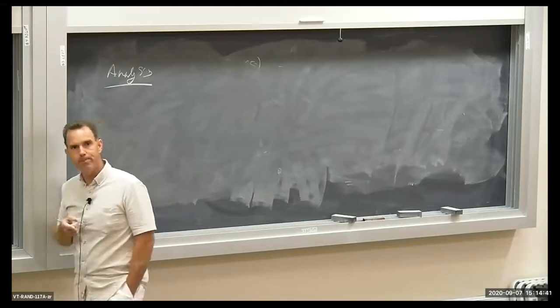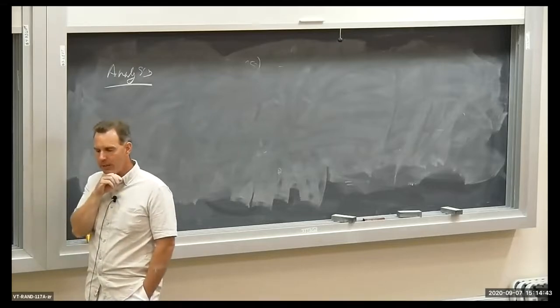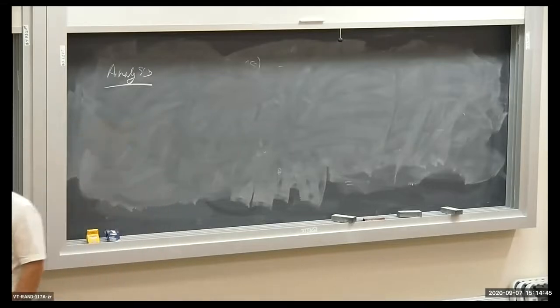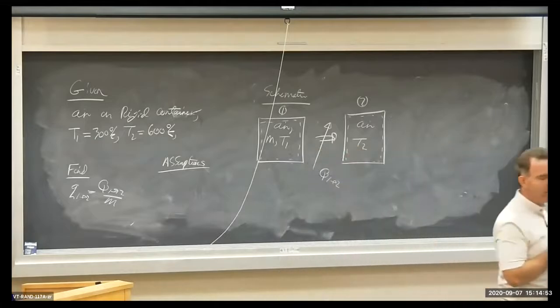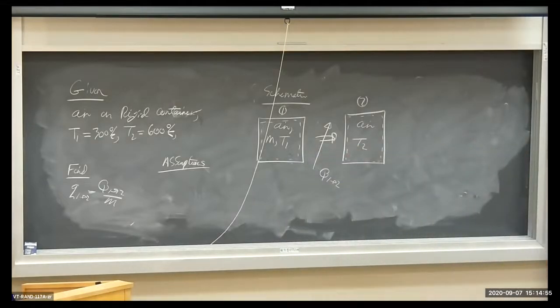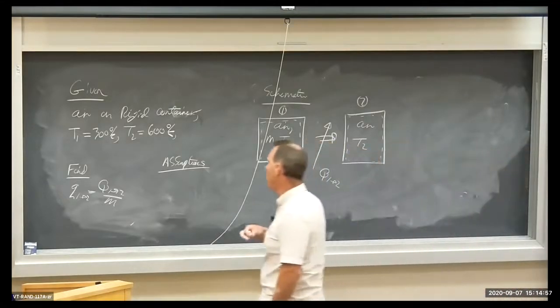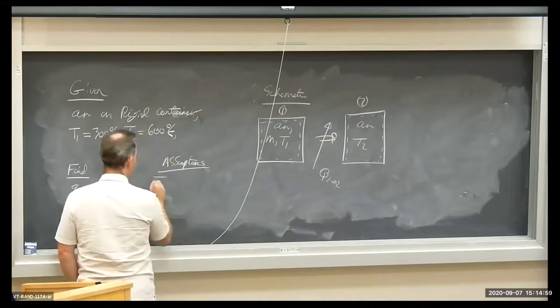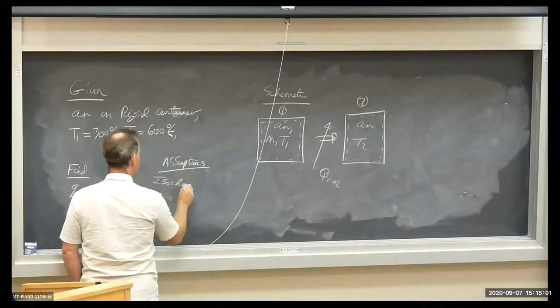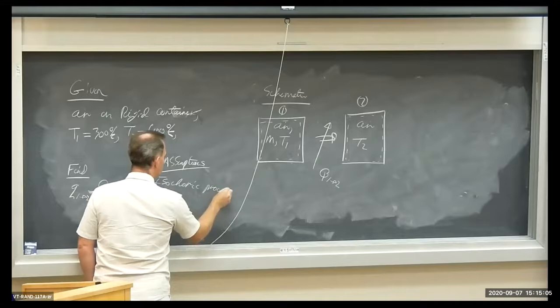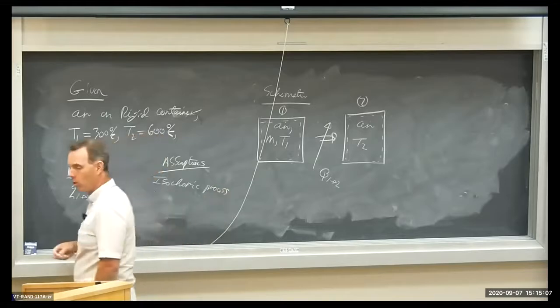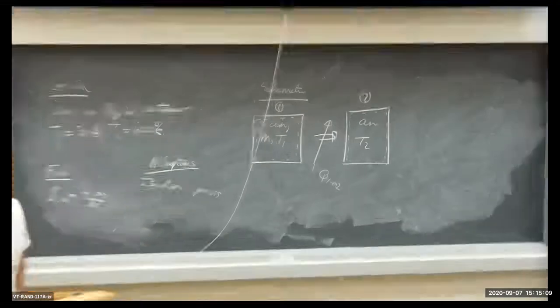Which one? Cp or Cv? What process is this? We're adding heat from state 1 to state 2. Rigid container? Well, that means presumably constant volume. Isochoric process, volume is constant.